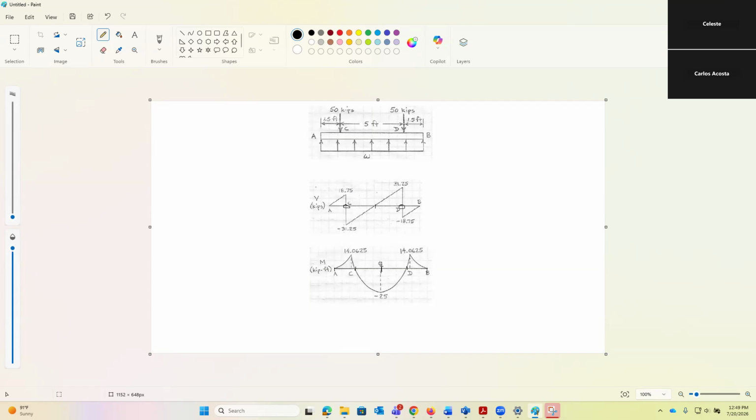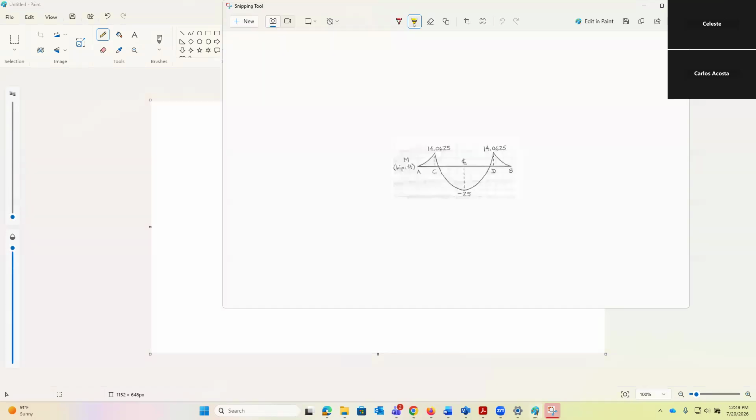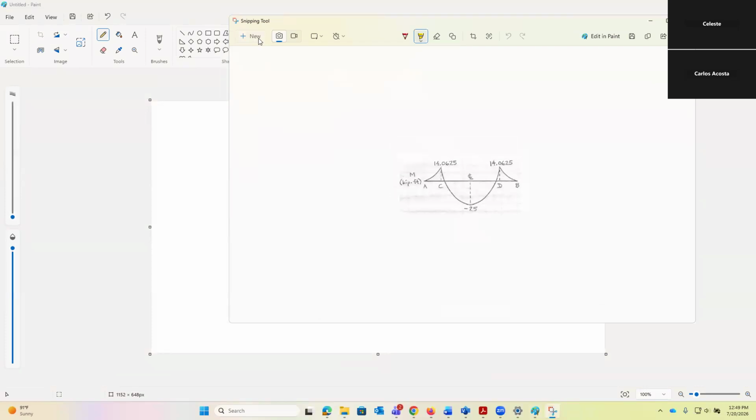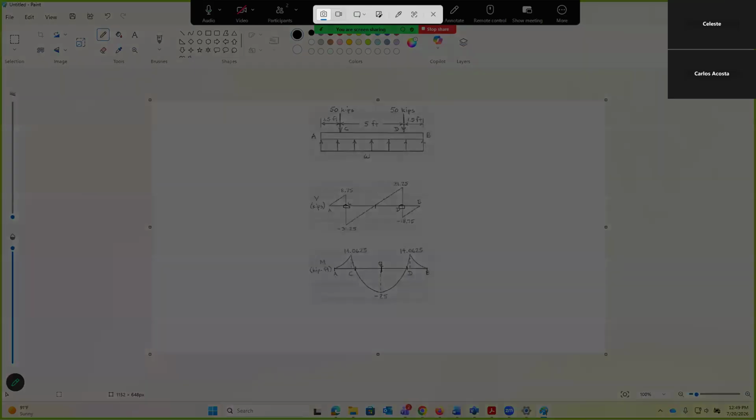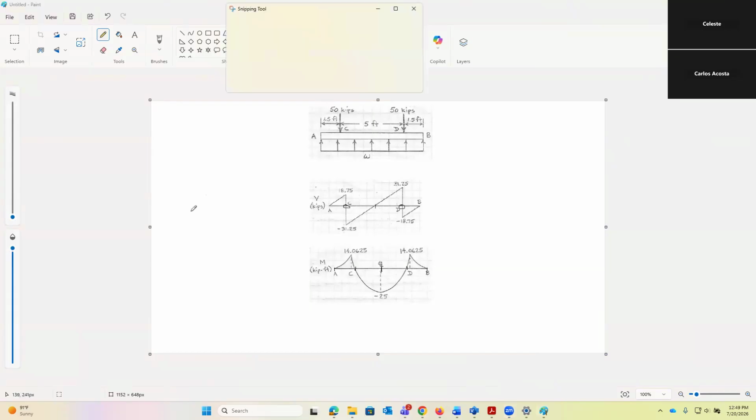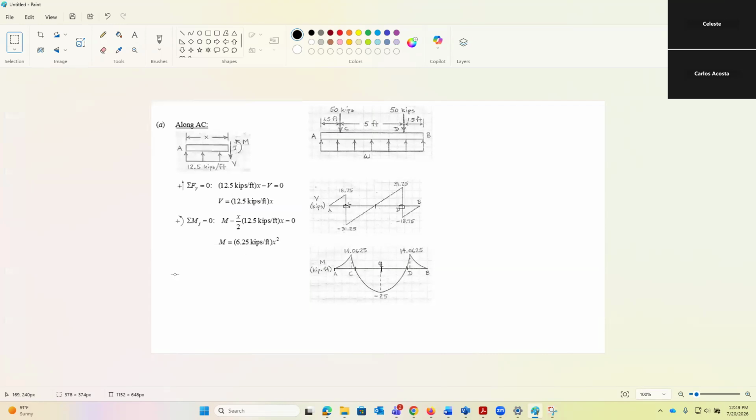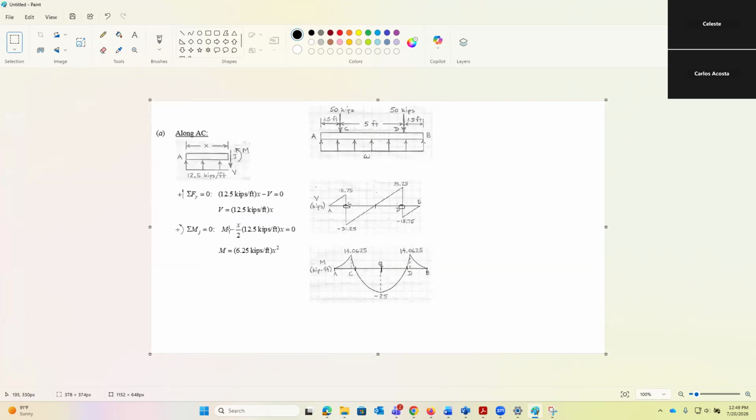So again, we just have to use the equation that we had before. Where's my equation that I keep losing? So from A to C, we have 6.25 x squared.